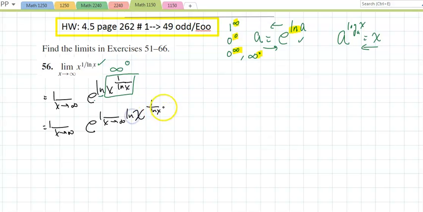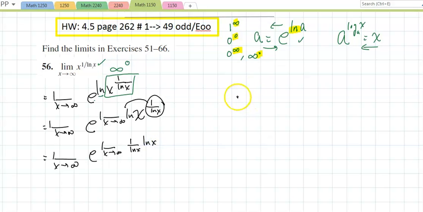One of the properties of logs, I could move this up front, and that would be e to the limit as x approaches infinity of 1 over natural log of x, times natural log of x.